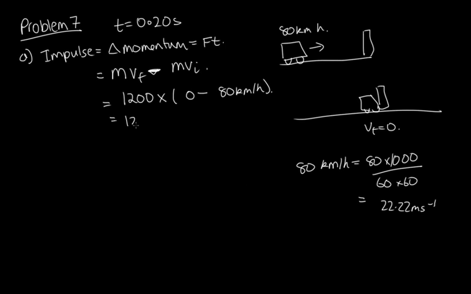And so this is equal to 1,200 times 22.22 with a negative sign. Solving that on the calculator, we end up with 26,667, which is equal to 27,000 Newton seconds.